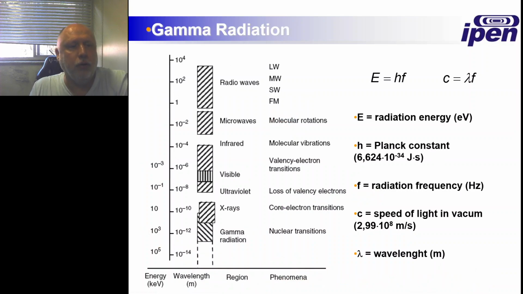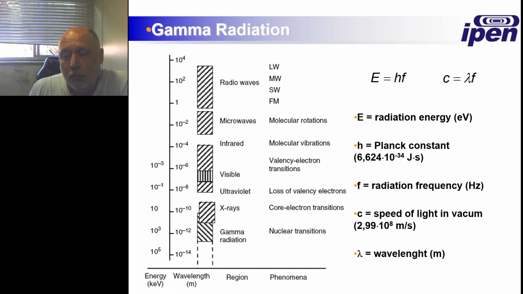We show more here. So if you look at the electromagnetic spectrum, we have radio waves on the 1 hertz, 1 meter scale. If we go up, we reduce the wavelength, increase the energy, right? So we have microwaves, which are related to molecular rotations.